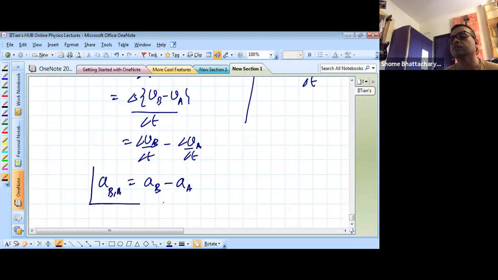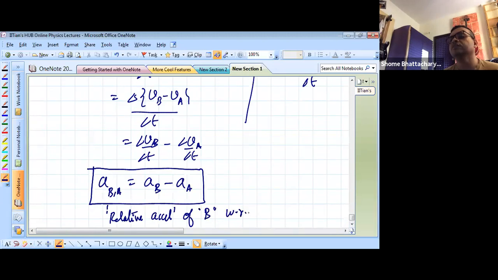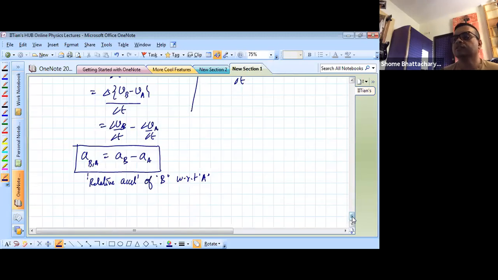This is the relative acceleration of B with respect to A. Okay, so this is what we are going to apply when we discuss the solution of that question again.